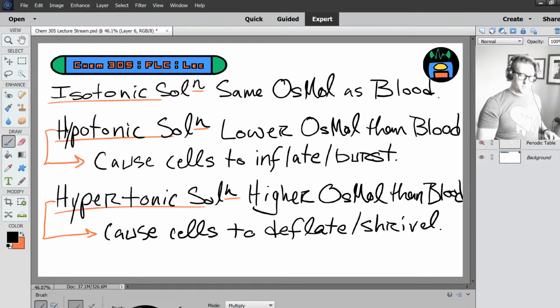All right, so those are the three categories. Isotonic, same as blood. Hypotonic, lower osmolarity than blood, which causes inflation and bursting. Hypertonic, higher osmolarity, which causes the blood cells themselves to deflate and shrivel. Totally.